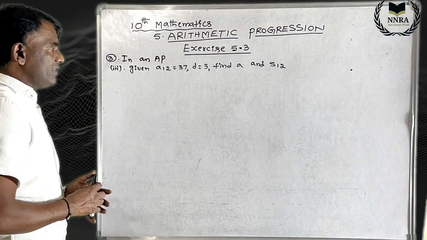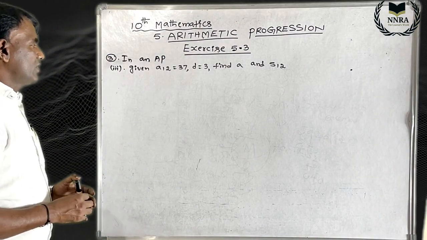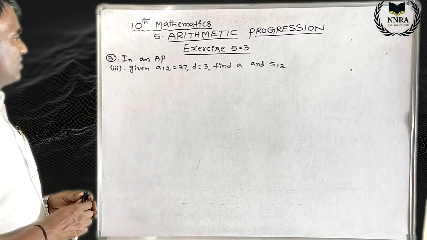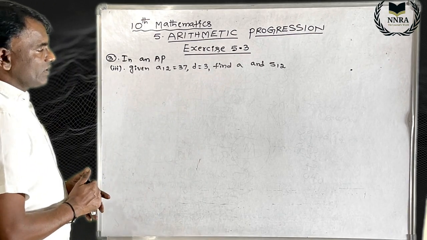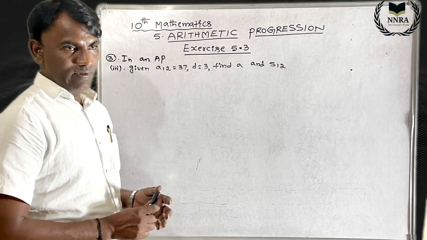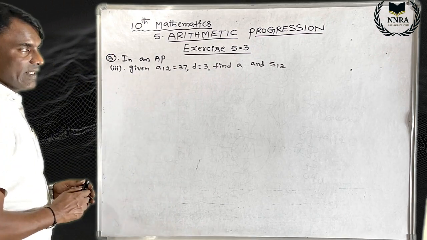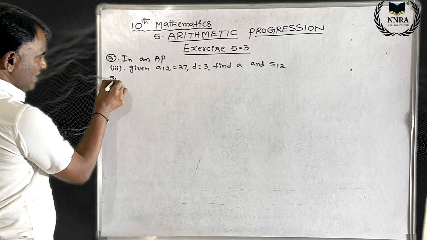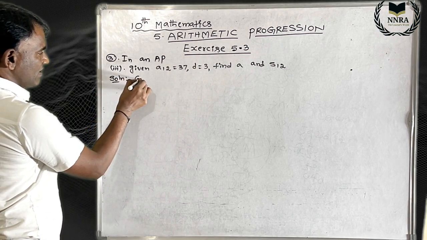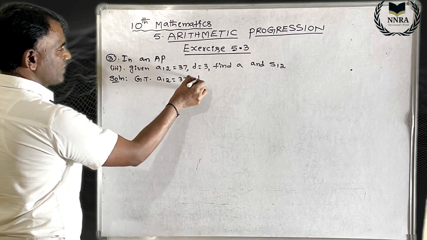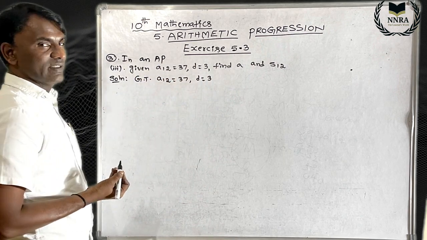Now this is the third one, the third sub question in the third main question. Given A12 equal to 37, D equal to 3. Find A and S12, the first term and the sum of the first 12 terms. So first write the given data. A12 equal to 37, D equal to 3.